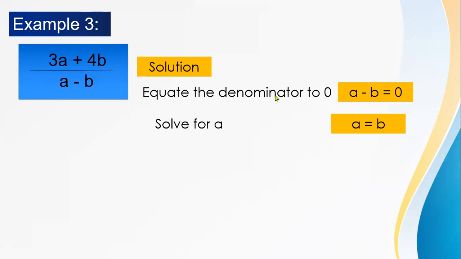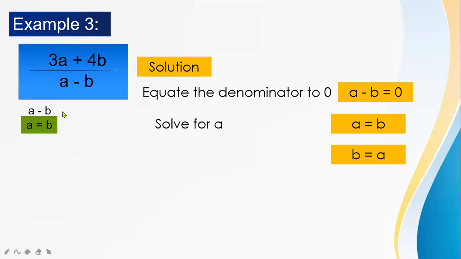Isa-solve natin yung a, ihiwalay natin yung negative b, transpose natin, yung negative b magiging positive b. So, a equals b. It can also be b equals a.